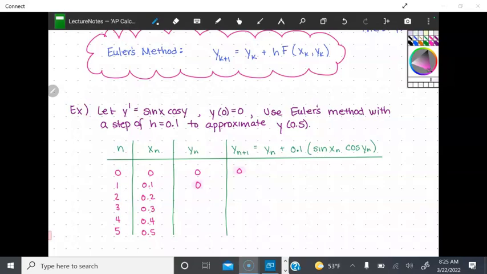So if we plug them in here, it's going to look like 0 plus 0.1 times sine of 0.1 times cosine of 0. For purposes of our notes, I'll go ahead and put it here.